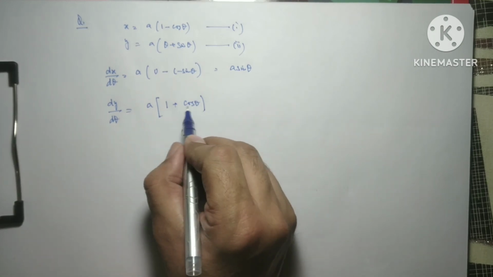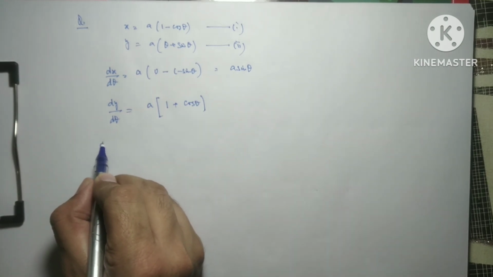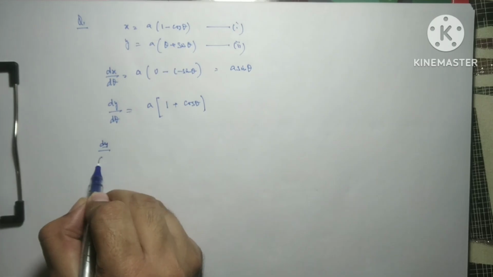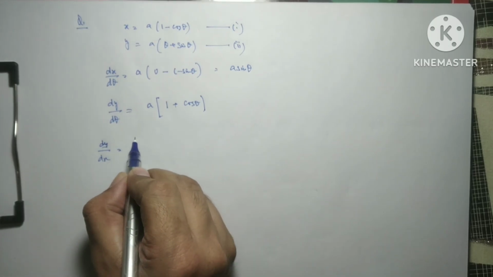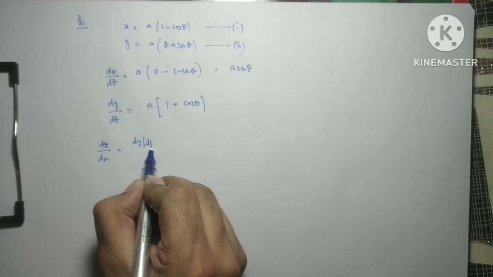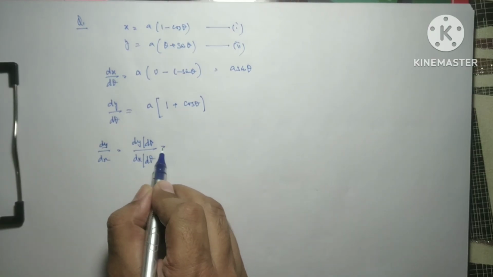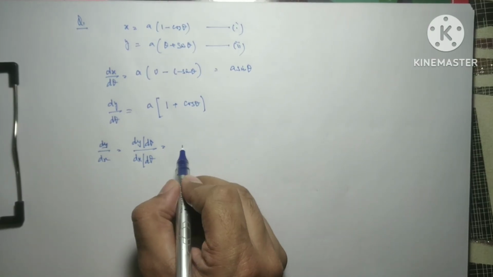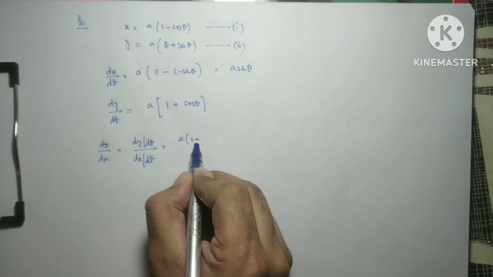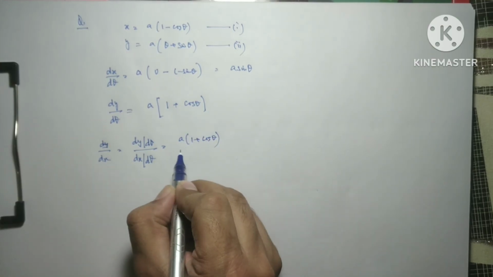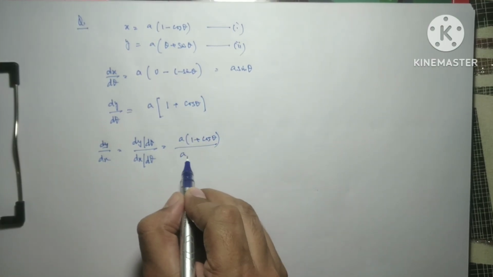So it is this, and you want dy over dx. So it means dy over d theta divided by dx over d theta. So put these values. First is a times 1 plus cos theta, and this is a sin theta.